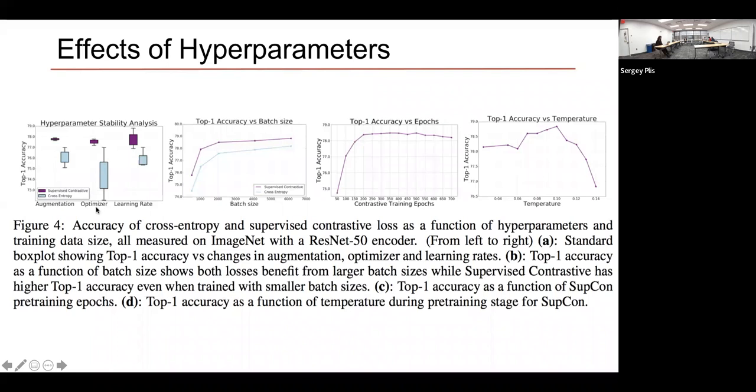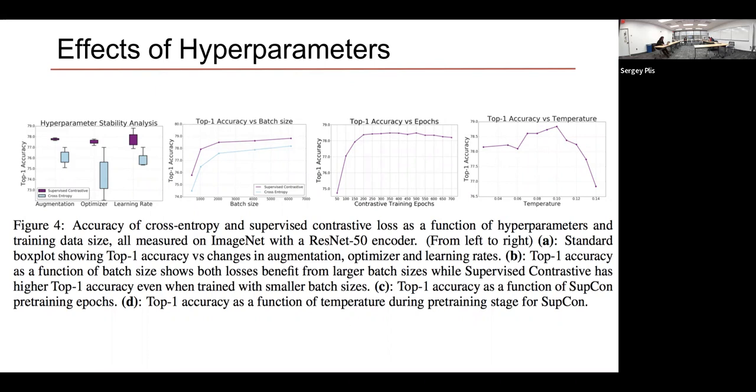And if we just change the optimizer, the standard deviation of the traditional cross entropy based implementation is much higher than the supervised contrastive loss based implementation. So for augmentation, optimizer, learning rate, for every hyperparameter, the standard deviation of the supervised contrastive loss based implementation is much lower than the cross entropy based implementation.